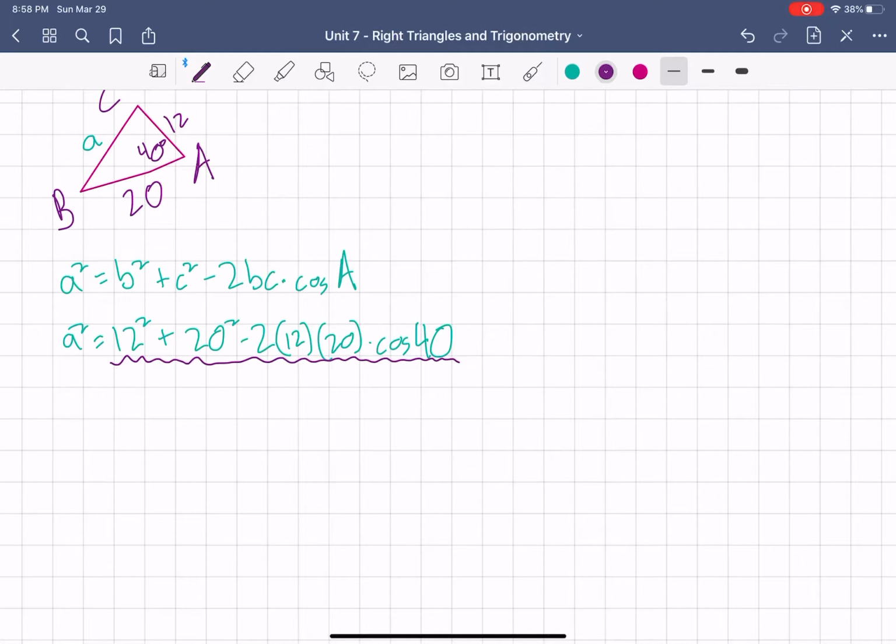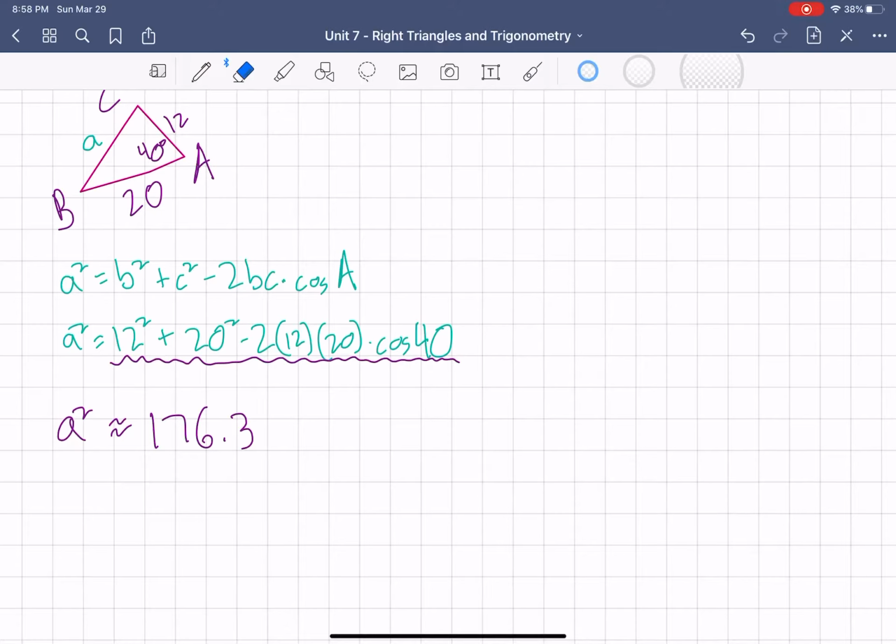I actually suggest you plug it all in at once, because that makes your answer as accurate as possible. When we do that, we get a squared is approximately 176.3. If you haven't already, plug that into your calculator and make sure you get the same answer when rounded.